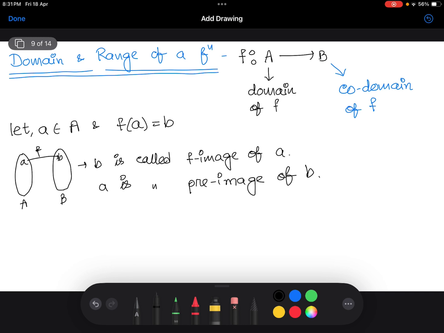That's fine. Now what is the range? Range is nothing but a set: the set of f(a) such that a belongs to A. This is the range of f.